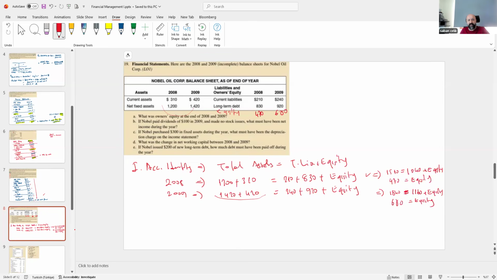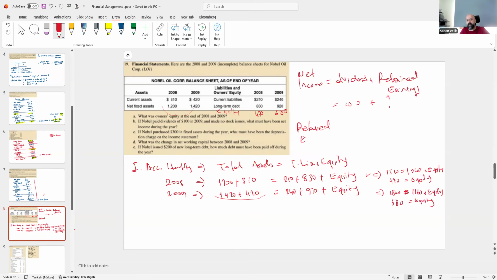Now the question here says, remember, net income is equal to dividend paid plus retained earnings. So dividend is 100 and it asked me the retained earnings. Retained earnings is the amount of net income which is kept in the company within shareholders' equity.